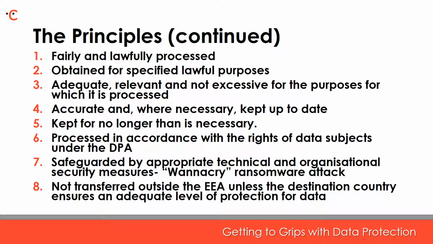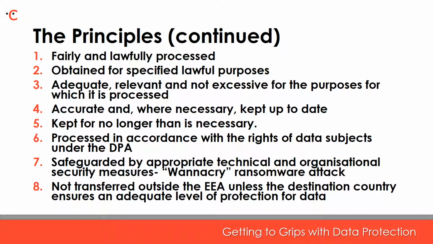Moving on to perhaps one of the more exciting principles, security, the protection of the personal data. Security is the seventh data protection principle. Securing personal data means taking appropriate technical and organizational measures against unauthorized or unlawful processing of personal data and taking measures against accidental loss, damage, or destruction of personal data.